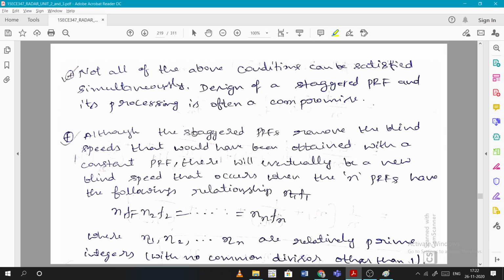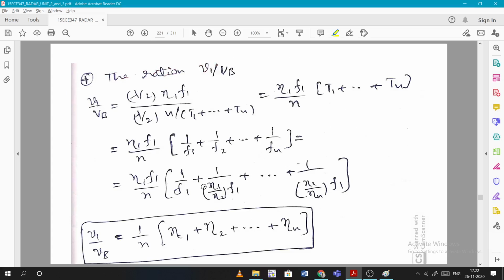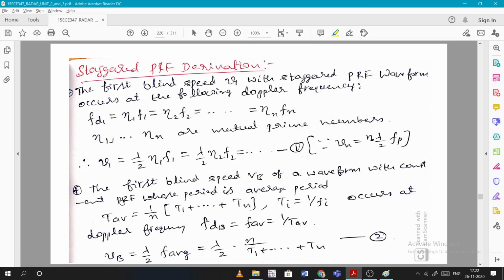So now we have to calculate the relationship between the blind speeds occurring for staggered PRF and constant PRF. Let V1 be the first blind speed occurring for staggered PRF, and VB be the blind speed occurring with the constant PRF.